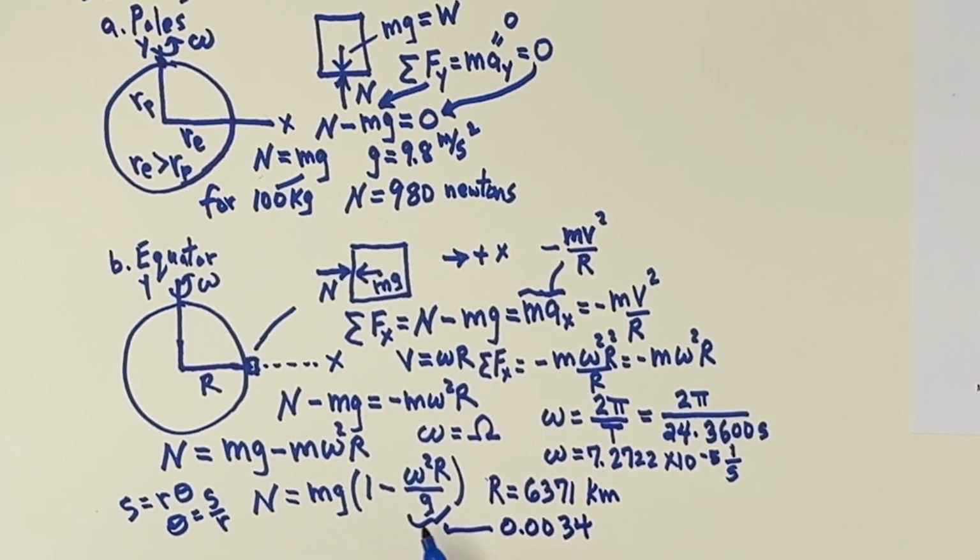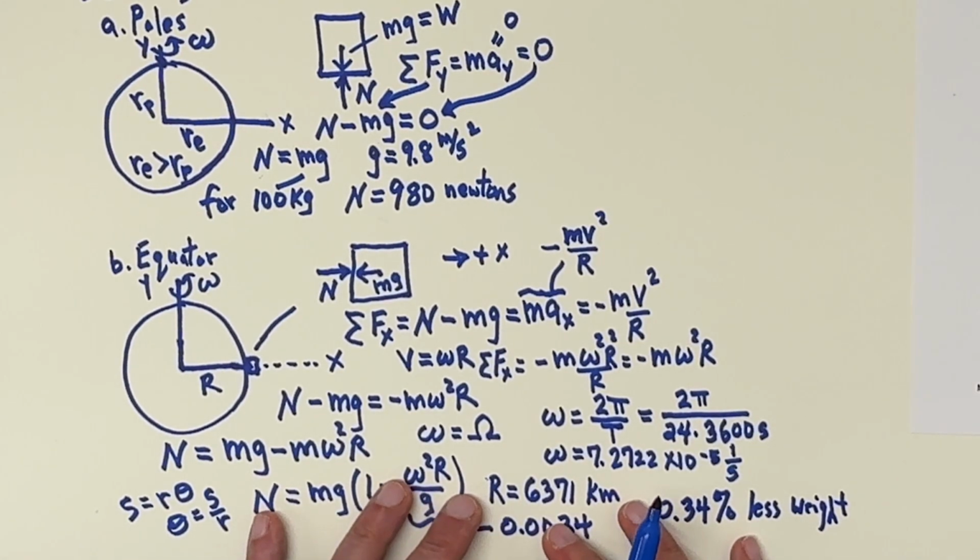And if you want to think percentage-wise, where this is 100%, you move the decimal over 2, and you're going to get 0.34% less weight. Now that's not much, right? So whatever you weigh, you basically are going to be subtracting 0.34 percent from your weight.